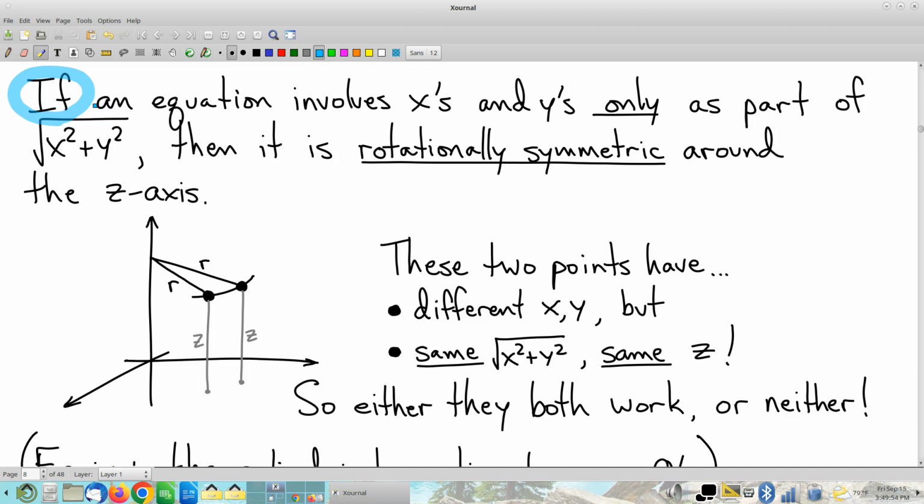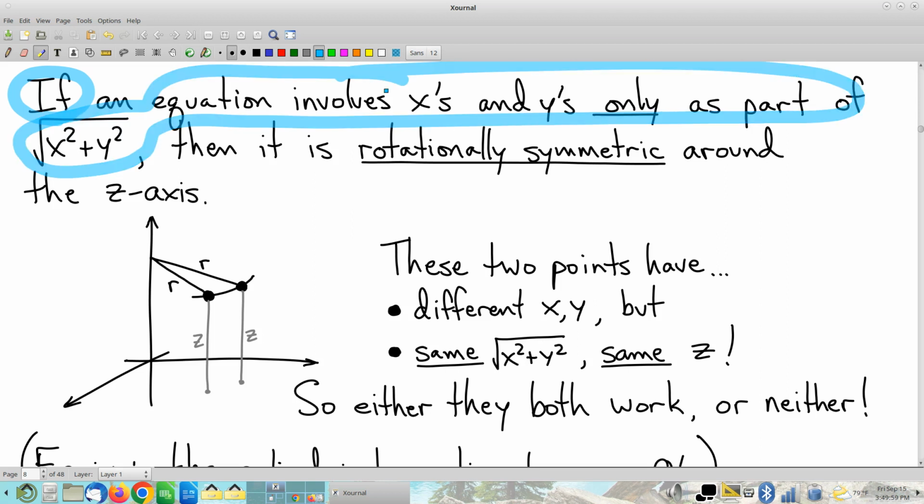But if your equation involves x's and y's only as part of this special form, right here, square root of x squared plus y squared, if that's the only way that x and y appear, then you get this really powerful conclusion, and that is that your surface is rotationally symmetric around the z-axis. It's pretty awesome. Again, this is one of these low-cost, high-reward type theorems, which, of course, we obviously like.